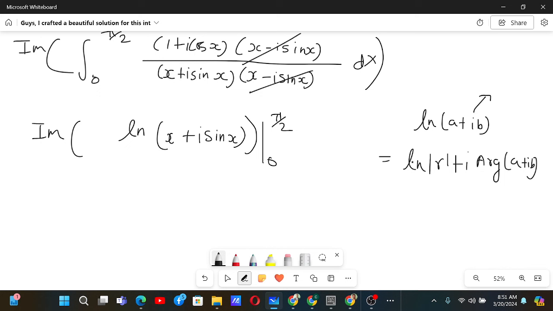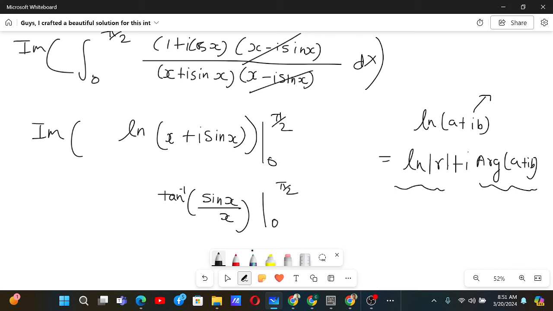Here the imaginary part is actually the argument and the real part is the log of the modulus. So we are asked for the imaginary part, so that will be the argument of this, and we know that the argument is just tan inverse b by a. So the argument will be tan inverse of sin x by x. This is the imaginary part of the log of this expression, and this is from 0 to pi by 2.